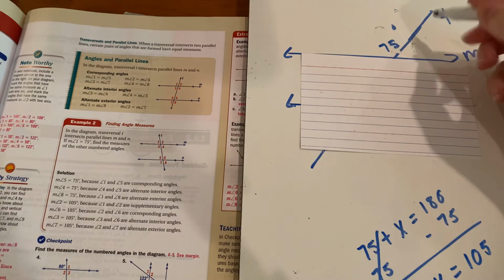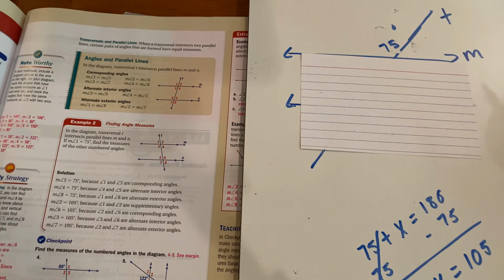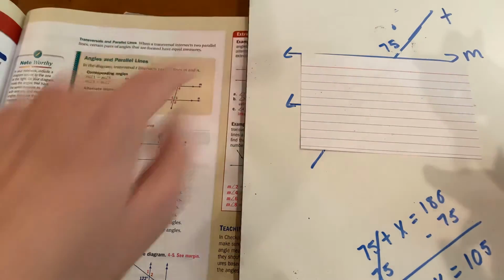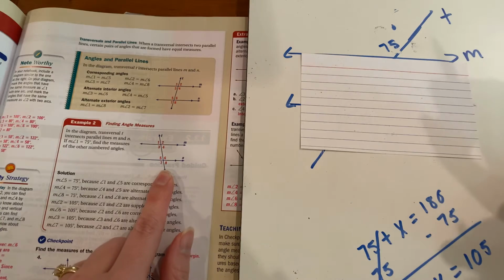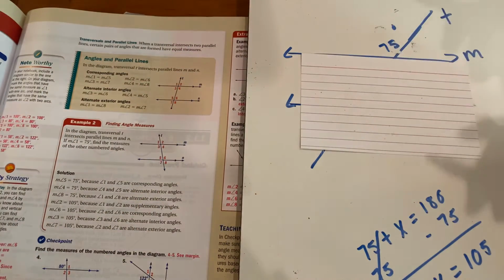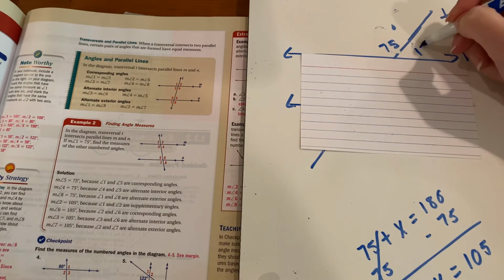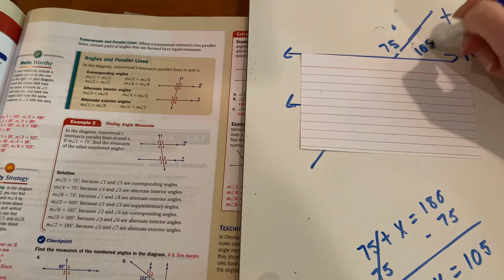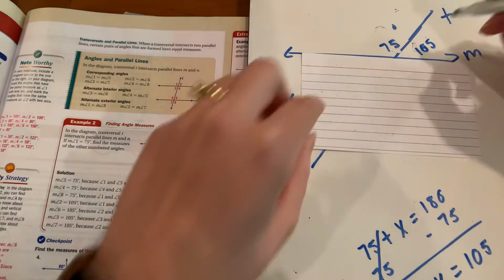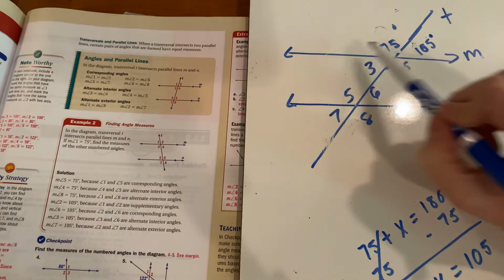So that means this angle has to be, what? Okay. My line is going the wrong way compared to this picture. So our angles will not make sense, but that's because I was supposed to draw my transversal line that way. But we're just going to go with it for right now. So we know that this internal angle is 105 because that's what angle 2 has to equal in order for us to have a straight line.